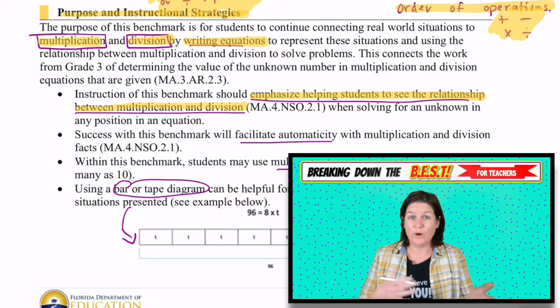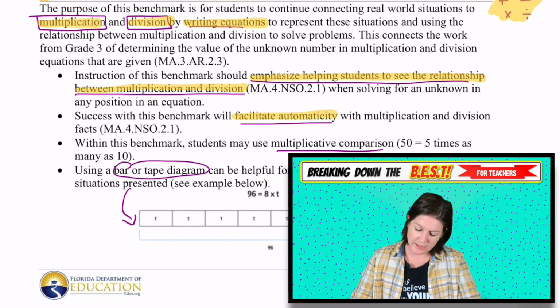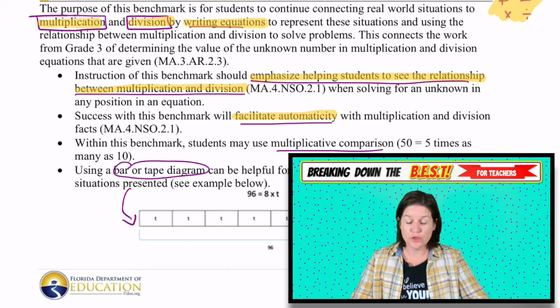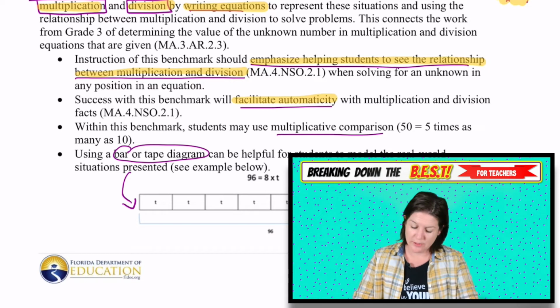It just depends on where that variable is going, that unknown value. This is again to help facilitate the automaticity. We want our students to know their multiplication facts or have strategies where they are quick to be able to automatically have their multiplication and division facts.